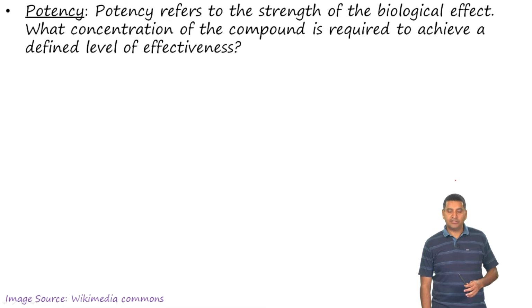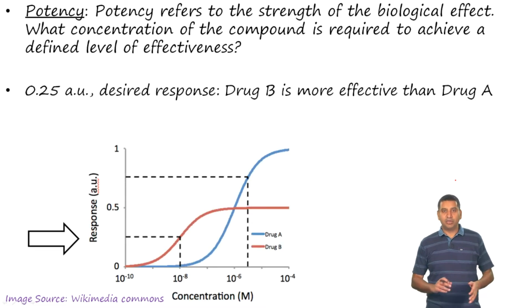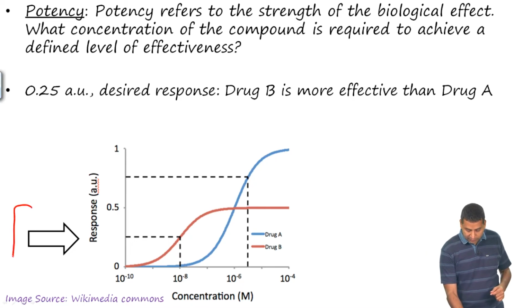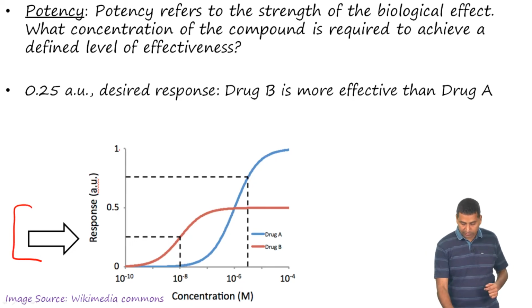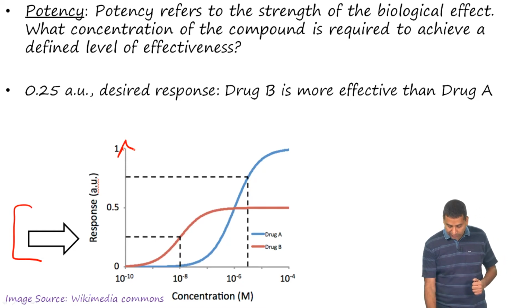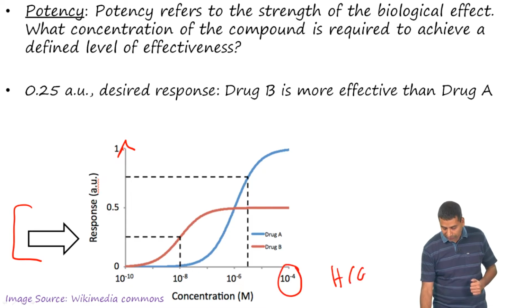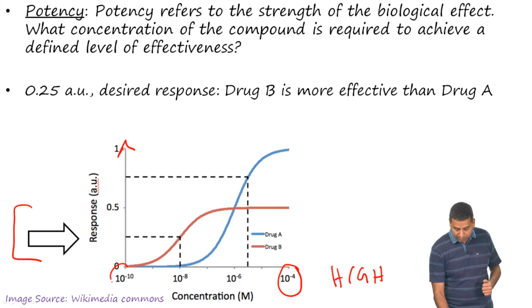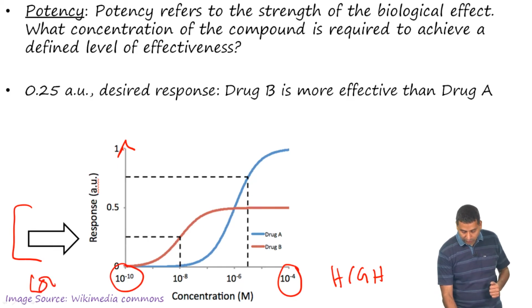Now, let us look at an example where we are comparing two drugs. Let us say that the desired efficacy is 0.25, which is represented on the y axis here, and on the x axis is the concentration, where 10 power minus 4 is a high concentration and 10 power minus 10 is a low concentration.